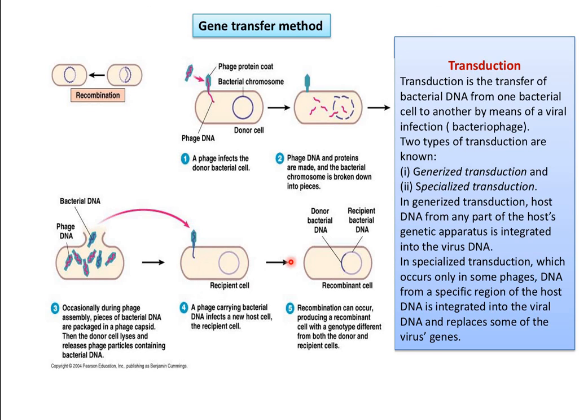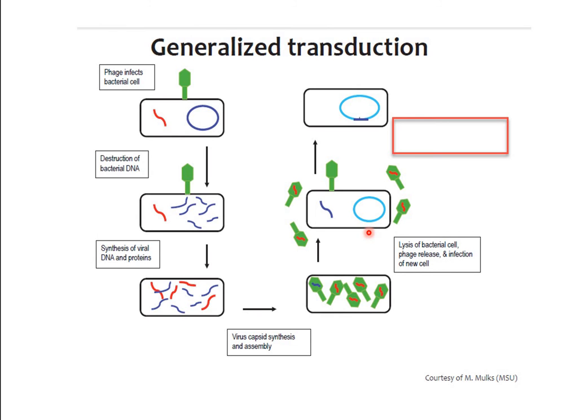Recombination can occur, producing a recombinant cell with a genotype different from both the donor and the recipient cell. This is the donor bacterial DNA and this is the recipient bacterial DNA.